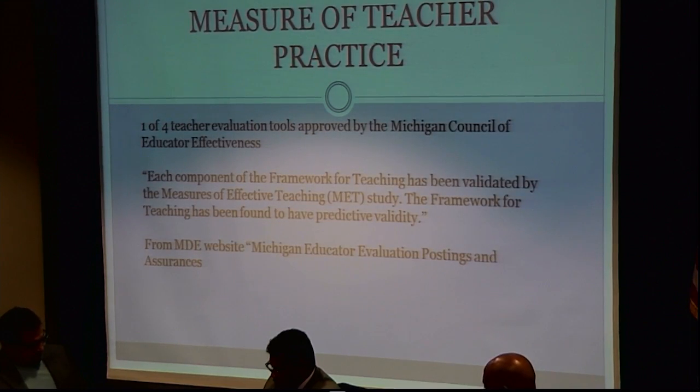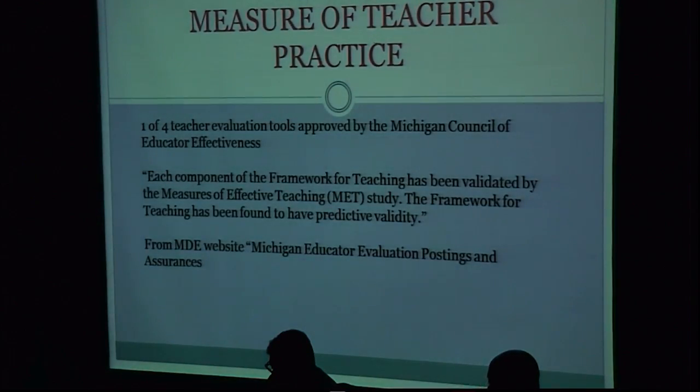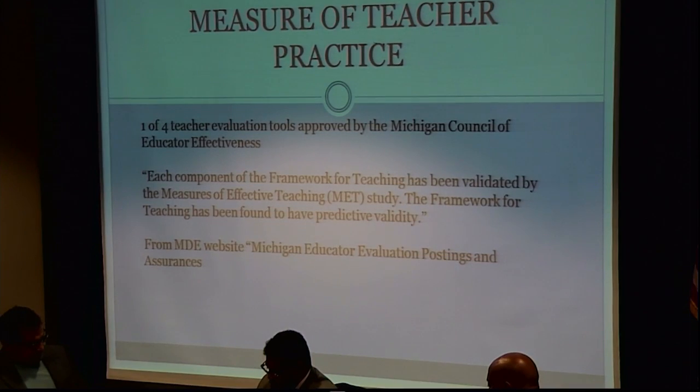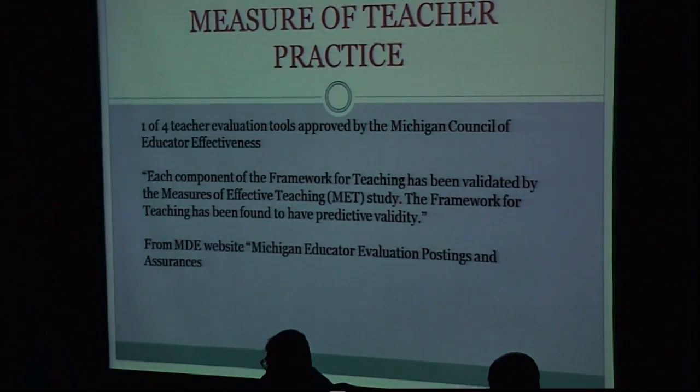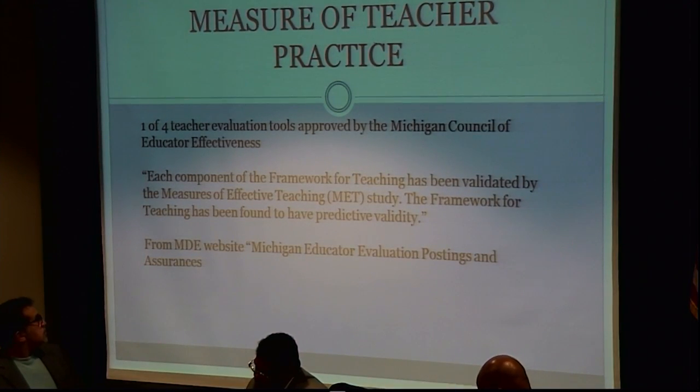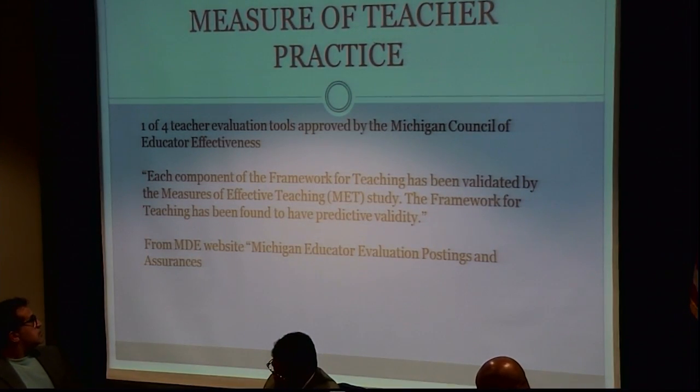It's a valid and research-based measure of teacher practice. It's 1 out of 4 teacher evaluation tools approved by the Michigan Council for Educator Effectiveness. That came out of the work through the governor's office and through that committee that worked 2 or 3 years to research what are the best rubrics and frameworks to use to evaluate teachers.